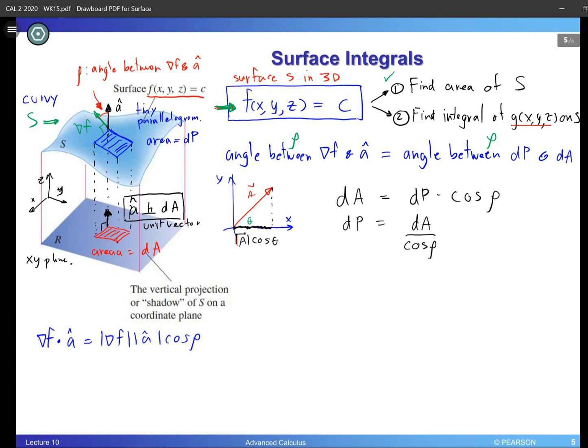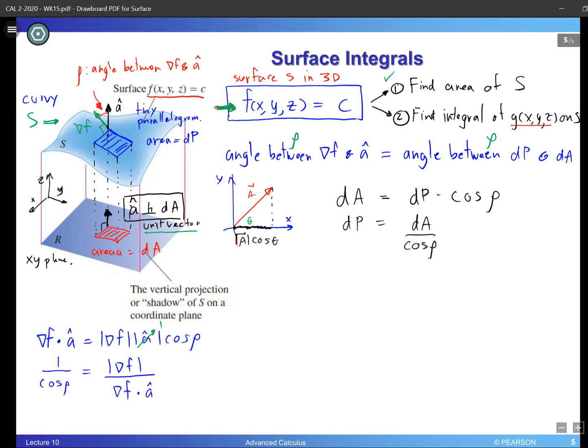Okay, now we know that a hat is a unit vector. We have assumed a hat to be a unit vector, so this one right here is going to be equal to 1. So let's move things around and I get this relationship: 1 over cosine rho equals the absolute value of the gradient of f divided by the dot product between the gradient of f and a hat.